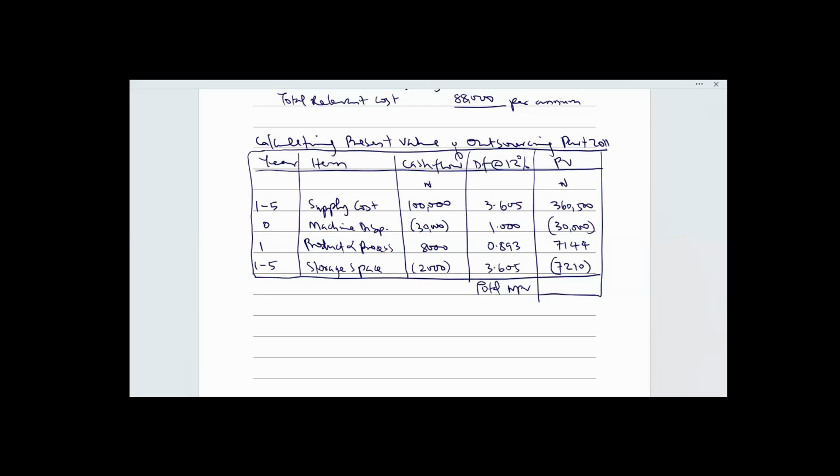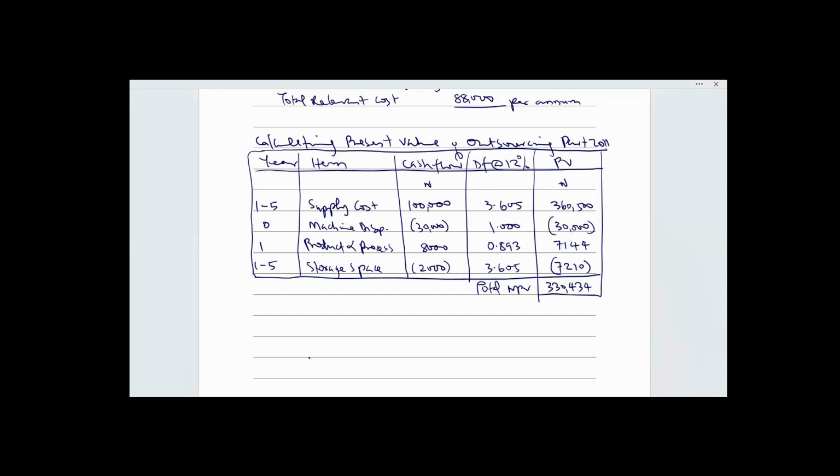Bring down your calculator, let's do the addition together. 360,500 plus 7,144, then minus 30,000, minus 7,210, equals 330,434.